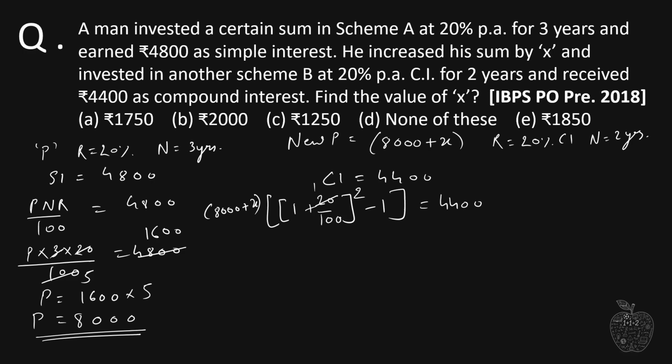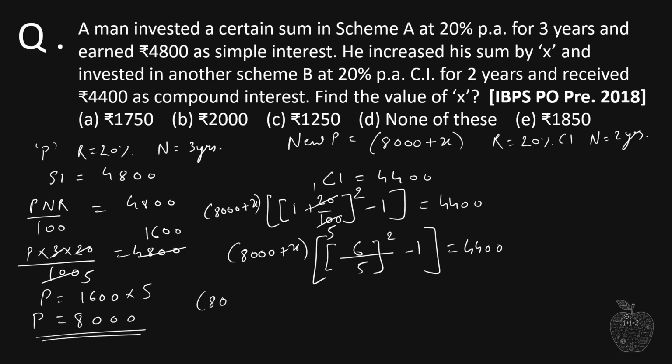So 21s are 25s are, so we get 8000 plus X in bracket here, let's take 5 as the LCM, right? And 5 plus 1 is 6, whole squared, minus 1, is equal to 4400. Now again 8000 plus X in bracket, so we get 36 over 25, right?